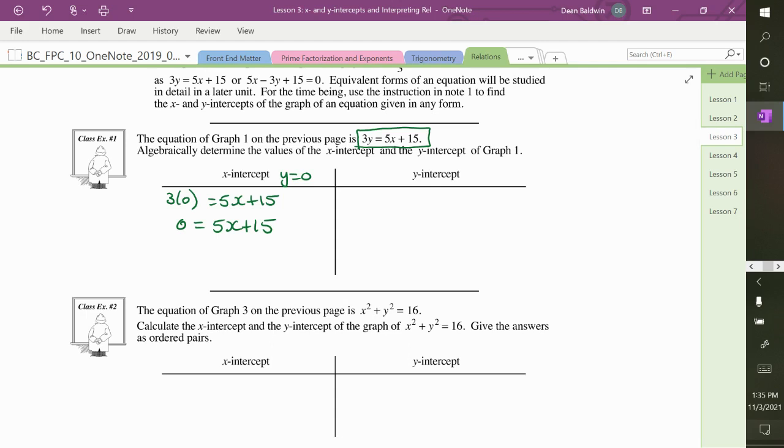So somebody said it. Subtract 15 from this side because you want to get x by itself. So you end up with negative 15 is equal to 5x. And then, what do I do? Divide by 5. What's negative 15 divided by 5?